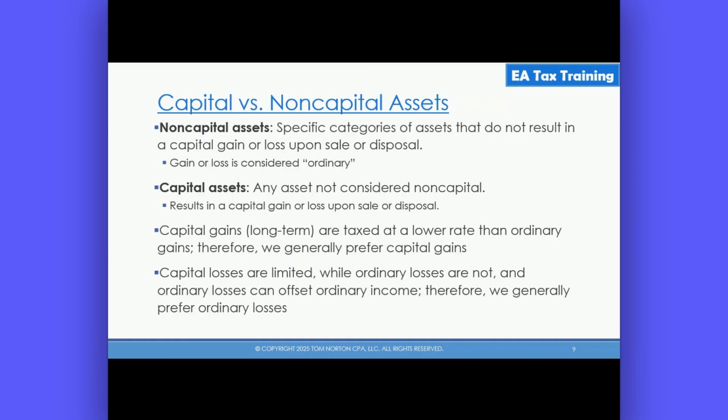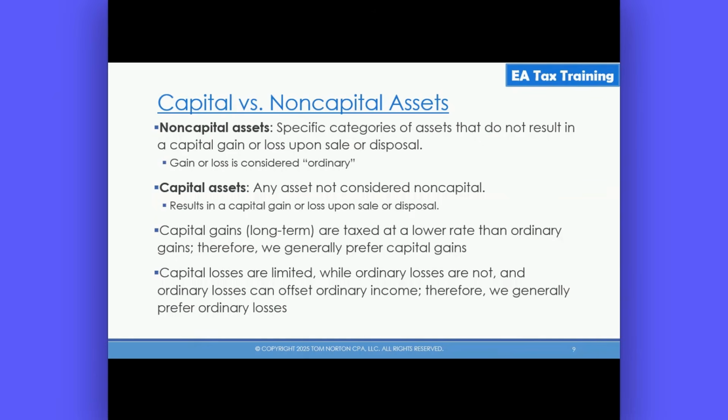So you've got your salary income and interest income. That's all taxed at the normal, quote unquote, ordinary tax rates. As opposed to that are capital assets. So capital assets is any asset that's not on that list. So if it's not considered to be non-capital, then it is a capital asset. And when that is sold, then it results in a capital gain or loss.